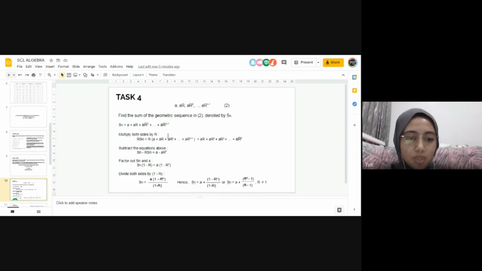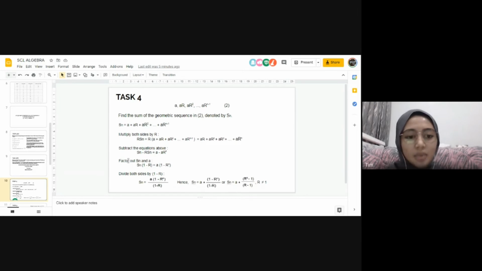So we get that rSn is equal to ar plus ar squared plus ar to the power 3 plus dot dot dot plus ar to the power n. Next, we subtract the equations above: Sn minus rSn is equal to a minus ar to the power n.